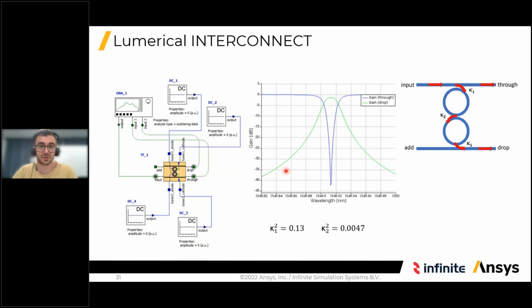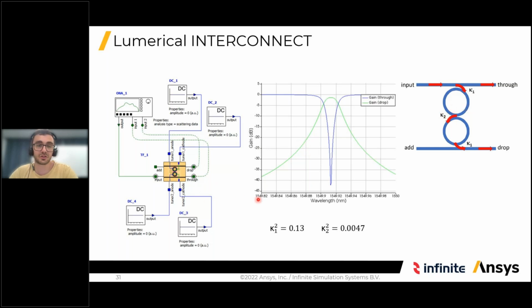Next, we are going to determine the coupling coefficients, K1 and K2. K1 is the fraction of the light that jumps from this waveguide to this waveguide, and also from this waveguide to this waveguide. And K2 is the coupling coefficient between the two rings.